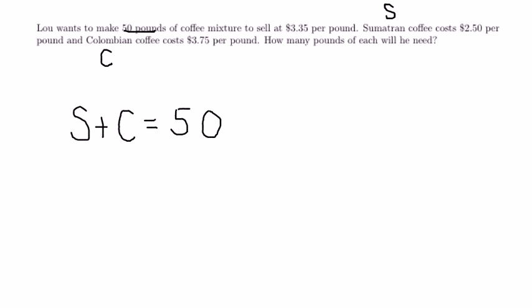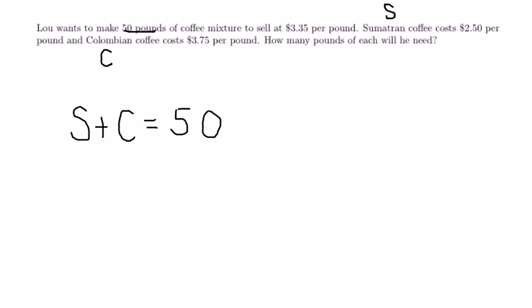Intuitively, we should look at this and say, well, Colombian coffee costs $3.75 per pound. If he used only Colombian coffee, the mixture would cost $3.75 a pound. If he used only Sumatran coffee, the mixture would cost $2.50 per pound. So we've got to be somewhere in between.